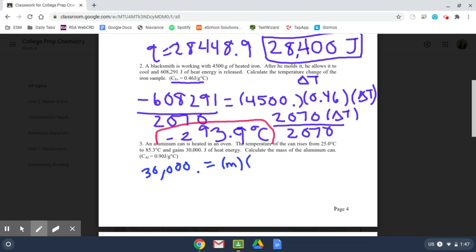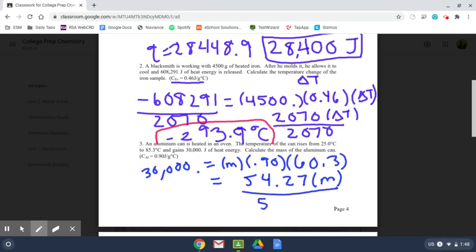C is 0.90 because it's not water, it's aluminum. T final minus T initial, so that's 85.3 minus 25.0 gives me 60.3. I just did that subtraction on my calculator. I didn't show you. So then 60.3 times 0.90 gives me 54.27 times our variable, still equal to the 30,000.